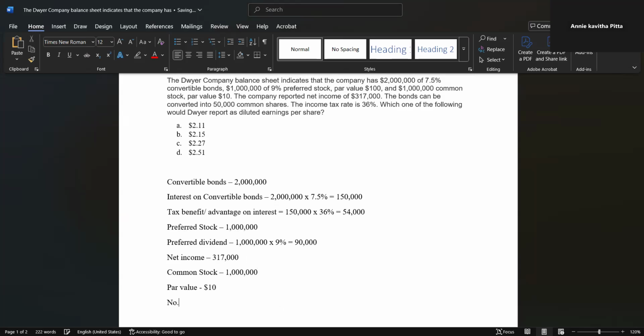Number of common shares are 1 million divided by 10, which is equal to 100,000 shares.